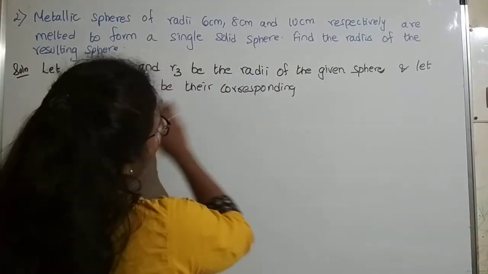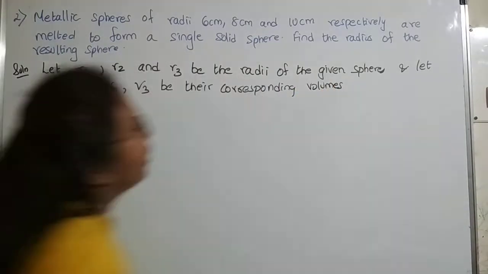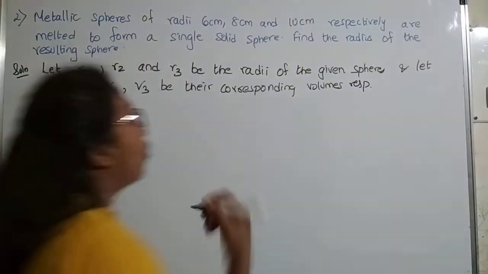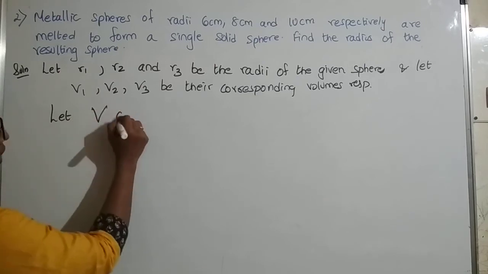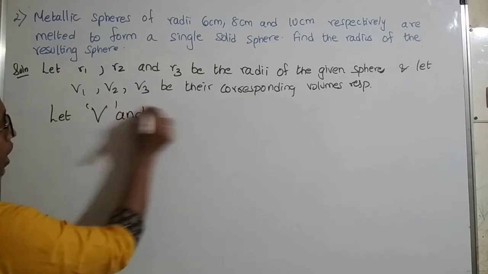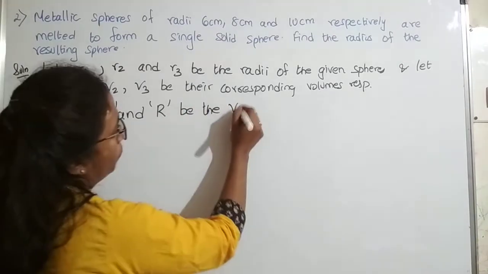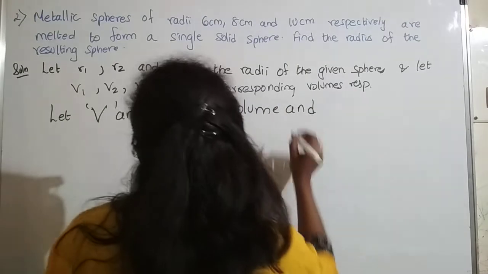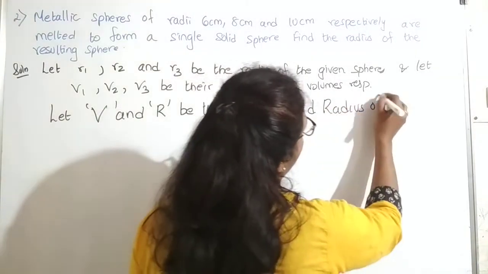So for the required sphere, let capital V and capital R be the volume and radius of the resulting sphere.